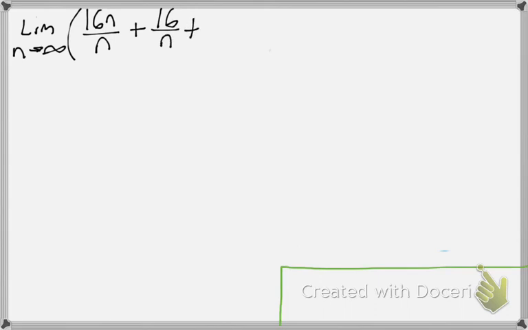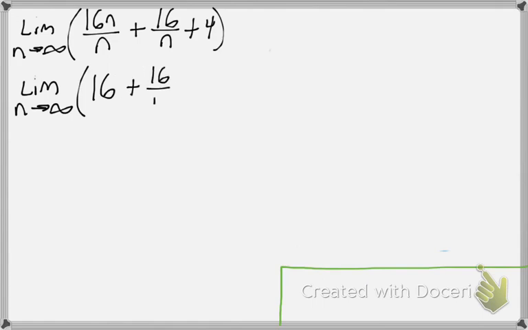This will be the limit as n goes to infinity of 16n over n plus 16 over n plus 4. Those n's cancel out on the first fraction, and that leaves me with 16 plus 16 over n plus 4.